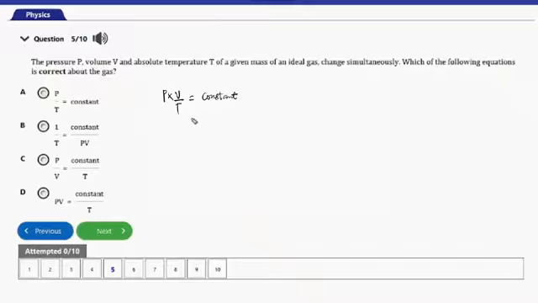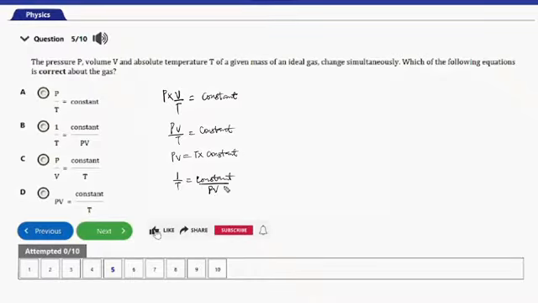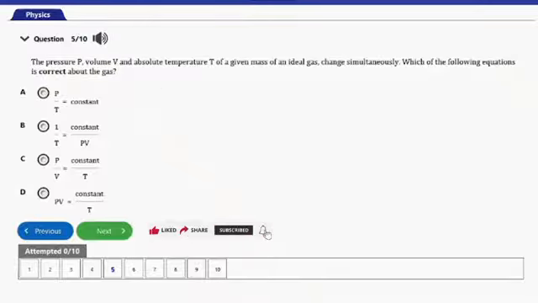So if we make this that way, then we can simply say that PV over T is equal to constant, and perhaps PV is equal to T times constant. So if we rearrange this equation, we are going to have that 1 over T is equal to constant over PV, and that's it for this question. Option B is the answer to this question. So let's go ahead and consider the next question, guys.